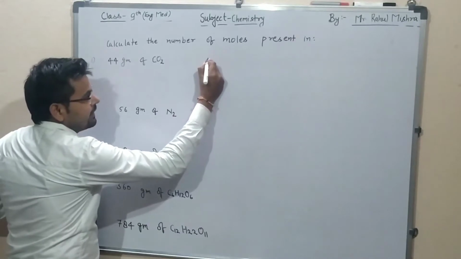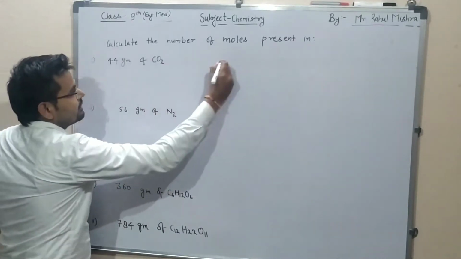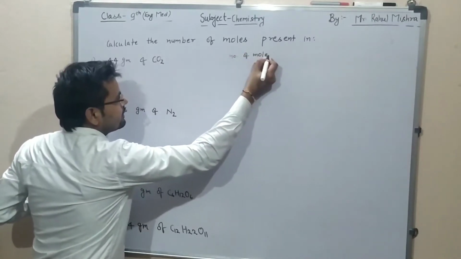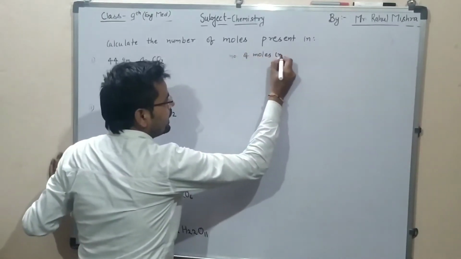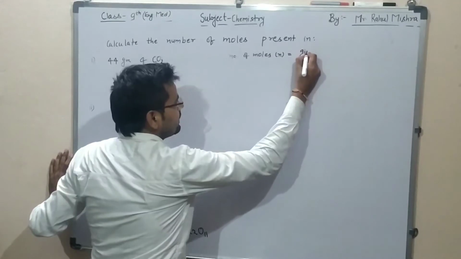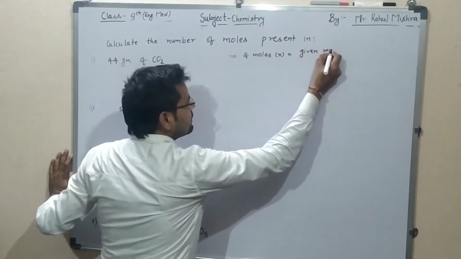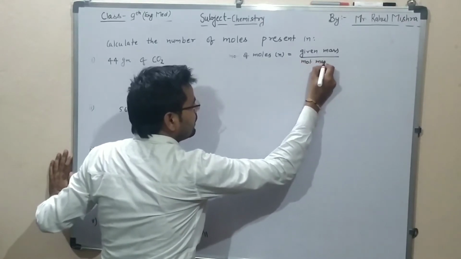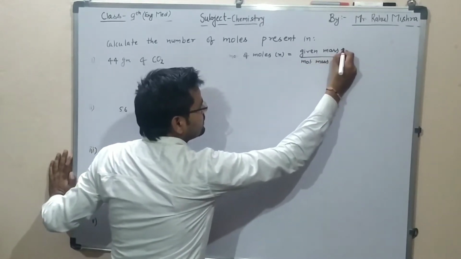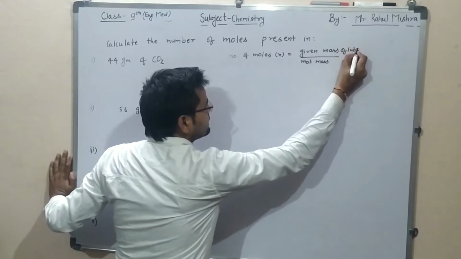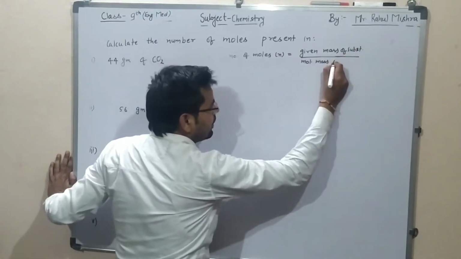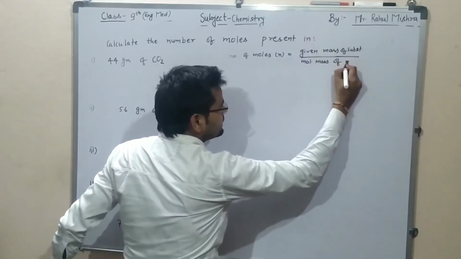We have earlier discussed the number of moles. The number of moles, small n, is equal to given mass upon molecular mass of substance.